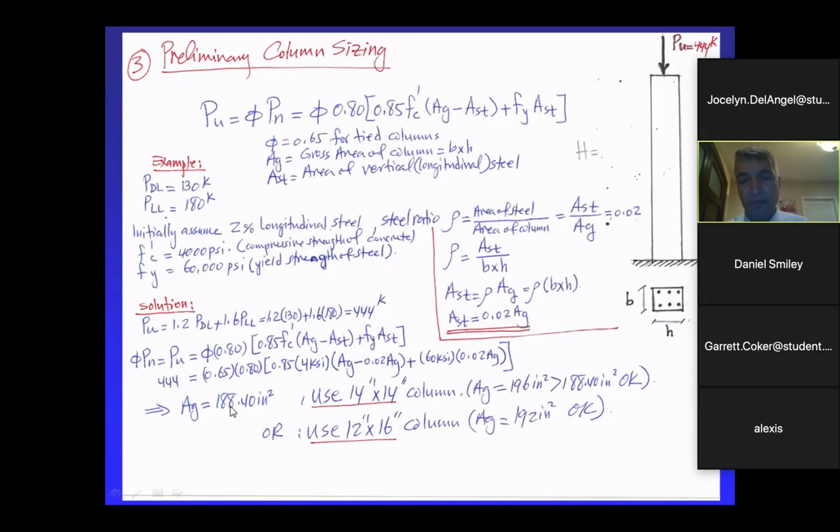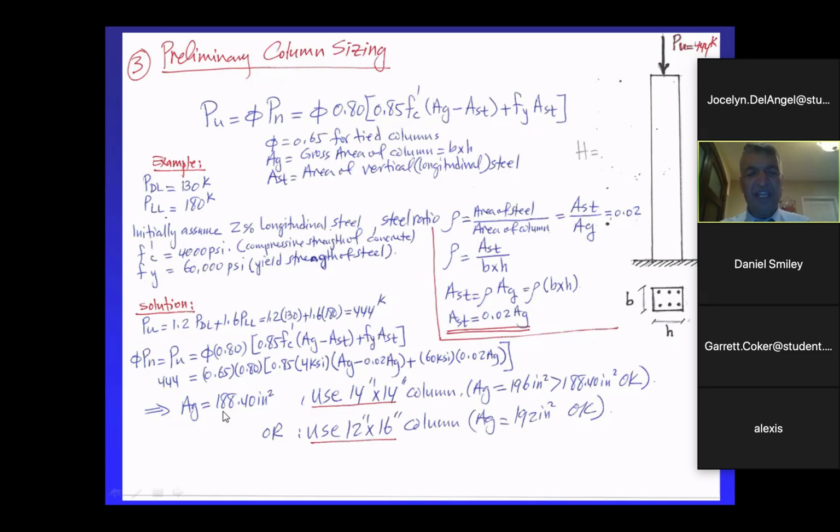Now, if you want your column to be square, then you take the square root of this. If you take the square root of this, then your column is going to be close to 14 by 14. If you take 14 by 14, the AG is going to be 196, greater than 188, right?